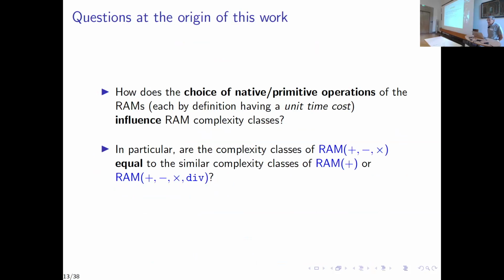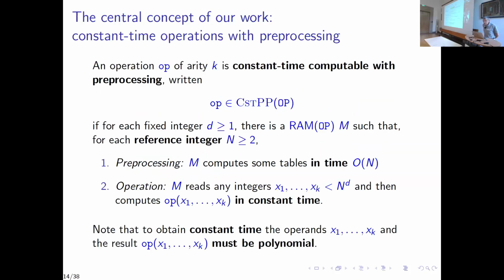Are the complexity classes of RAM with addition, multiplication, and subtraction equal to those if you have only addition, or if you include division or other operations, square root and so on. The central concept of this work is what we call constant time operation.